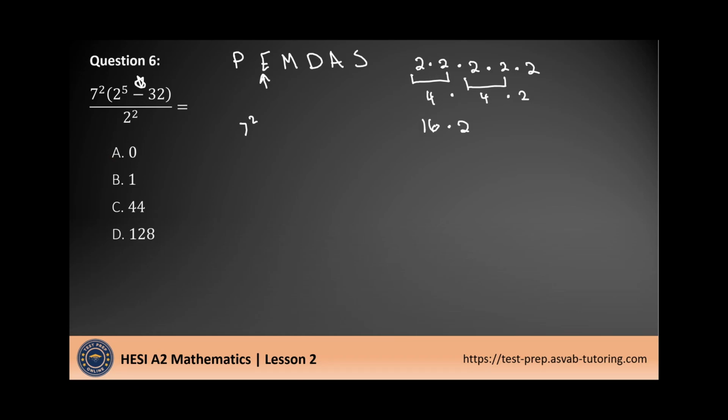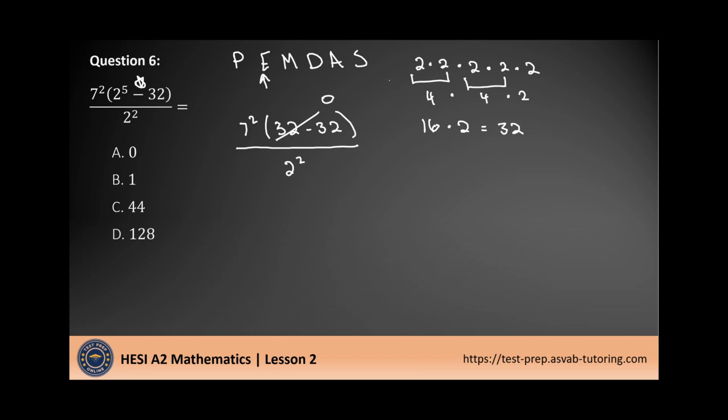Times 2 equals 32. So 2 to the 5th is just 32. So we have 32 minus 32 divided by 2 squared. Now notice 32 minus 32 is just going to be 0, right?